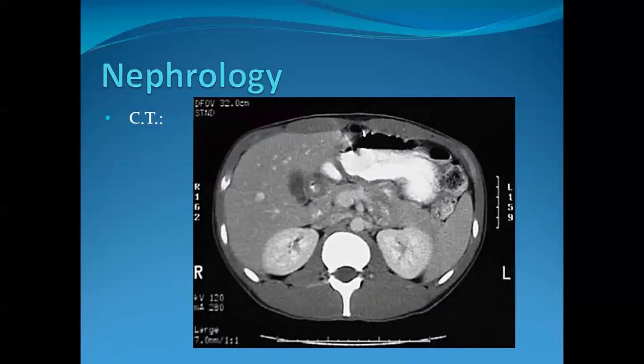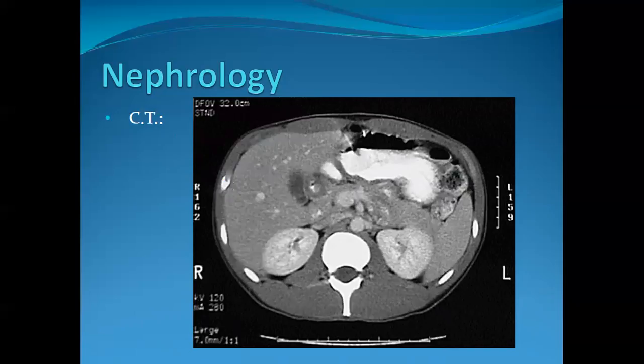In my opinion, it's a test of choice to evaluate the vasculature of the kidneys, so not only the renal arteries, for evaluation of renal artery stenosis, which I'll show you an example of a CT angiogram, but it's also really nice to evaluate the renal vein, particularly if we're looking for renal vein invasion from renal cell cancer and cancer of the kidneys.